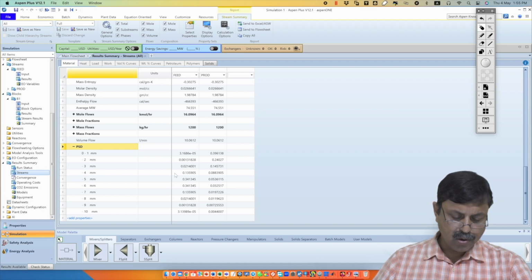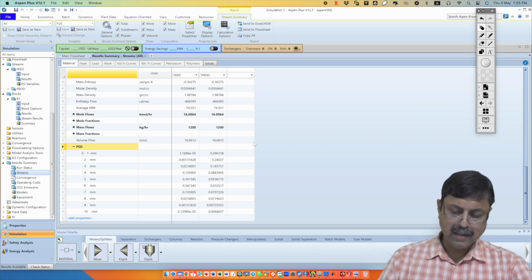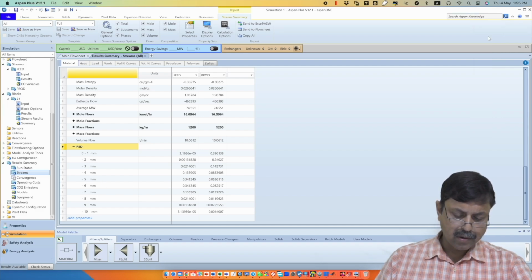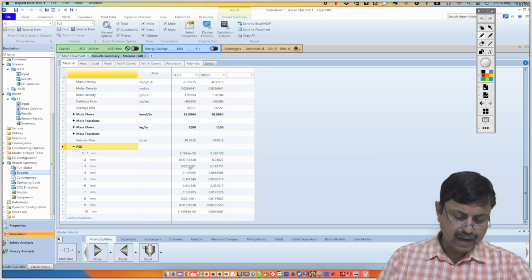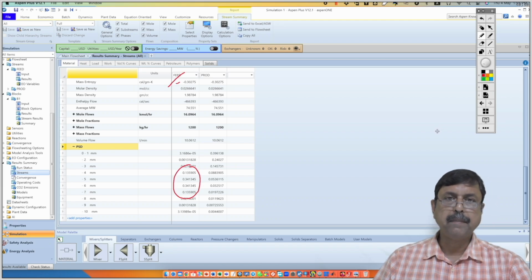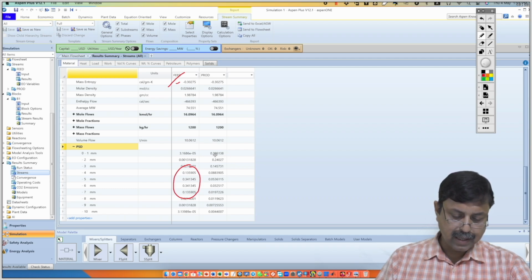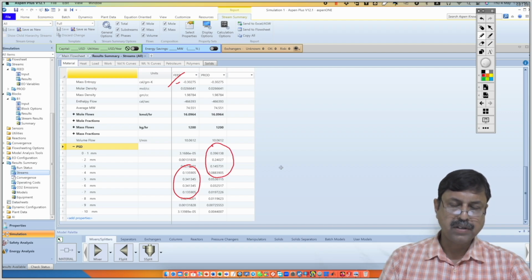So between 4 to 5 or 6, 7 millimeters. So entire range of bigger particle sizes were here for feed. But what happens after the crushing exercise? You see the entire thing comes over here. It is shifted. So almost 90% over here.